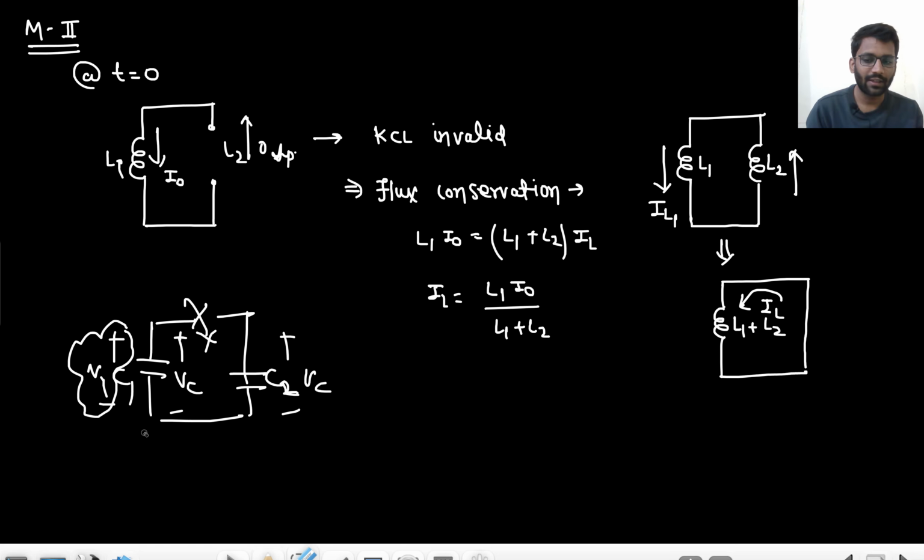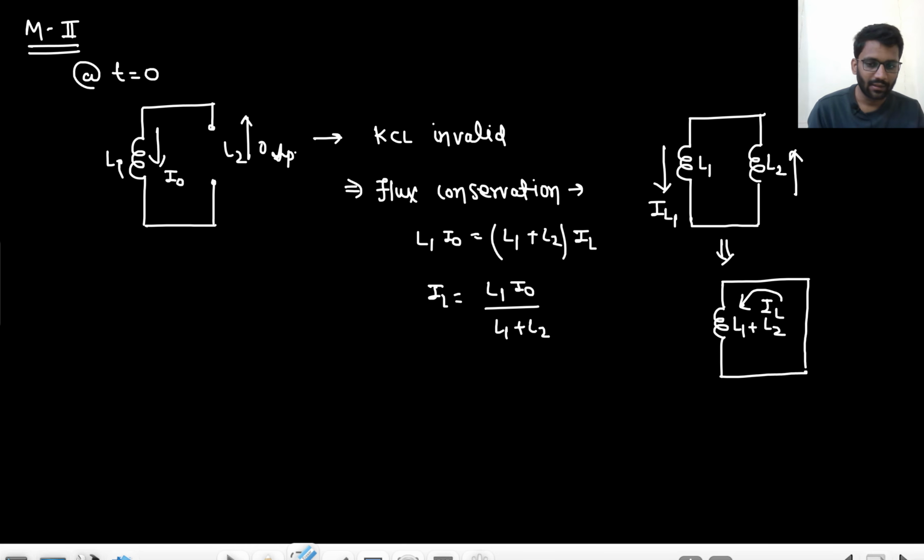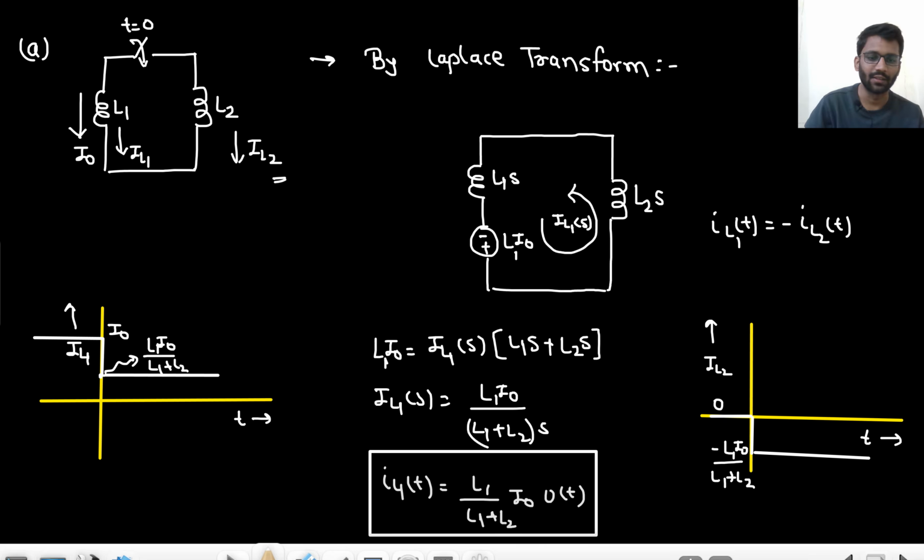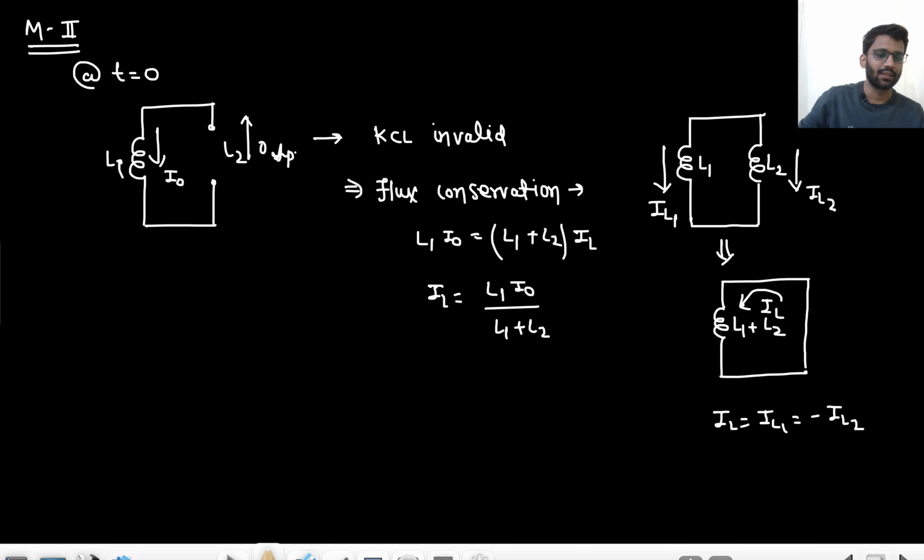Now after that, what will happen? That IL is equal to IL1 because it is in the same direction, but it is the negative of IL2, right? Because IL2, as per the given question, is flowing in this direction. So this IL is negative of IL2. Are you getting my point?